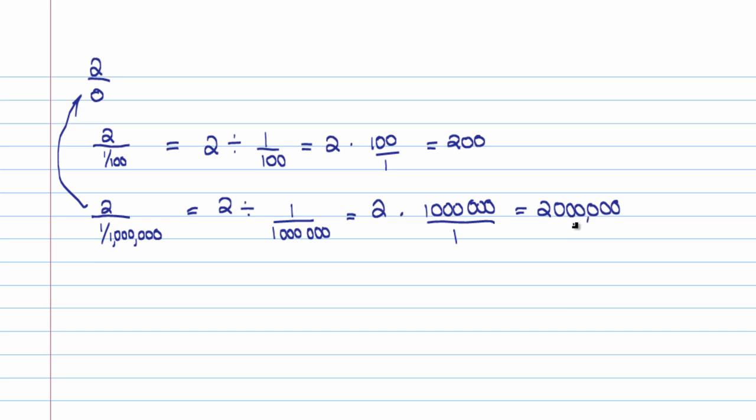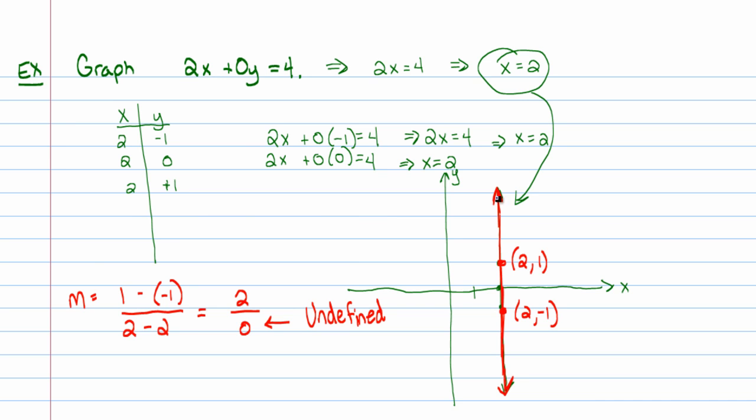And this should be like an aha moment. The smaller I make that denominator, the closer I get that denominator to 0, the larger the actual number is. So if I had 2 over a ridiculously small number, then in reality that number is huge, incredibly huge. And as we get even closer to 0, it gets massively huge. So when you think about the steepness of that vertical line that we had earlier, that's a massively huge steepness, isn't it?